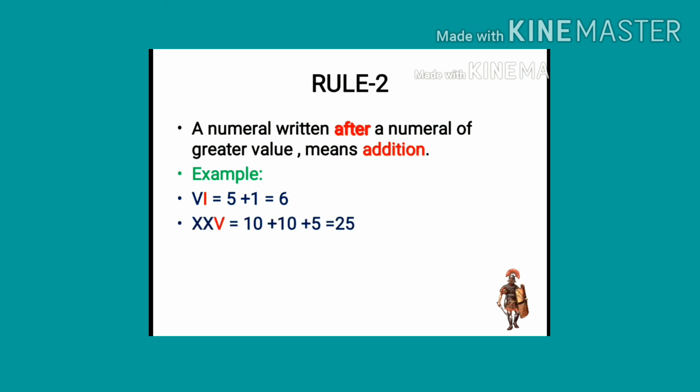Next, X X V. We can see that the numeral V is smaller than the other numeral X. And when you write in this way, then it means addition. So, X X V is equal to 10 plus 10 plus 5, which is equal to 25.